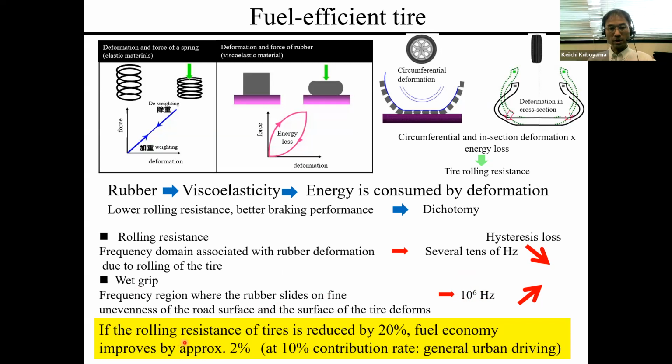And if the rolling resistance of a tire is reduced by 20%, fuel economy improves by approximately 2% in general urban driving. So fuel efficient tire improvement is very important for reducing energy loss.